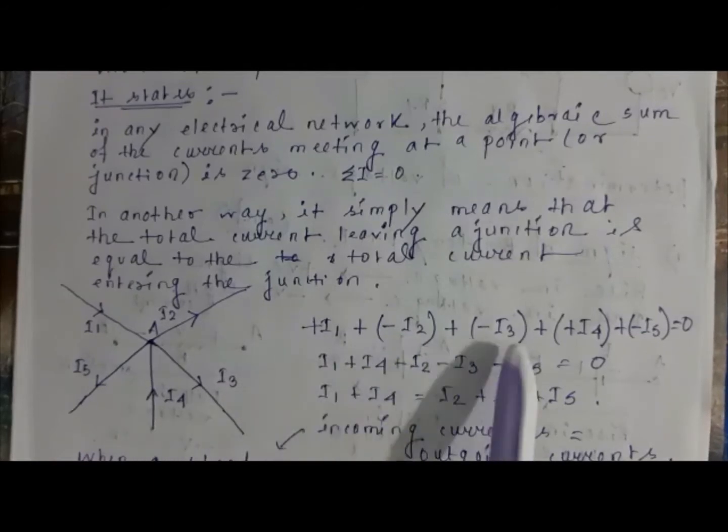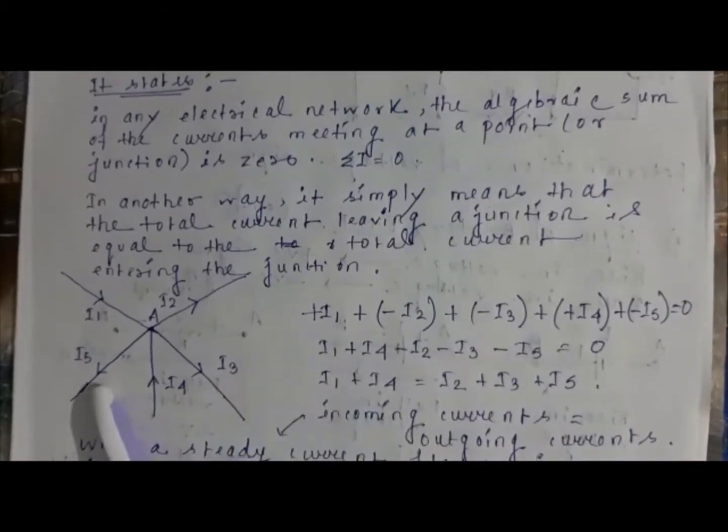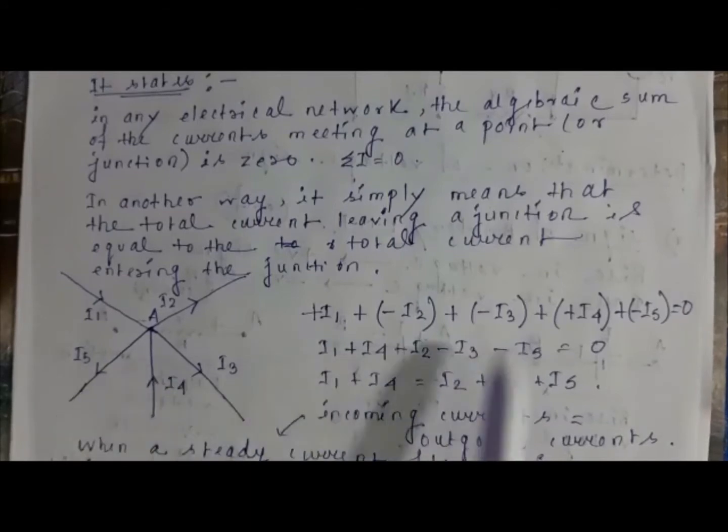Now see, I2 is leaving, meaning something which is going out, so we can subtract that, so minus I2. Similarly I3 is leaving, so I'm giving minus I3. I4 is entering, I'm giving plus I4, and I5 is leaving, so I'm giving minus I5.